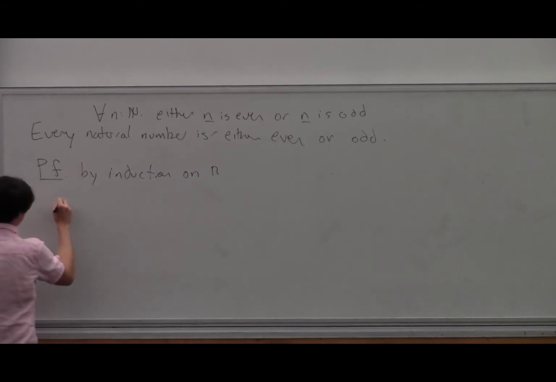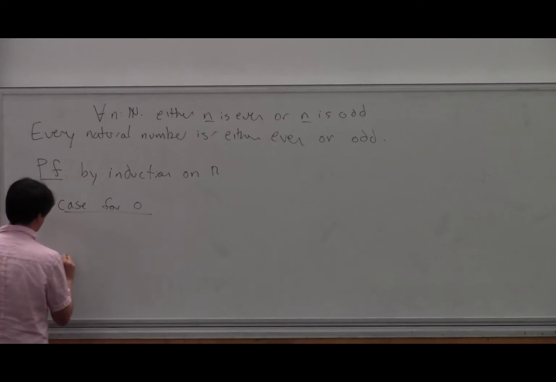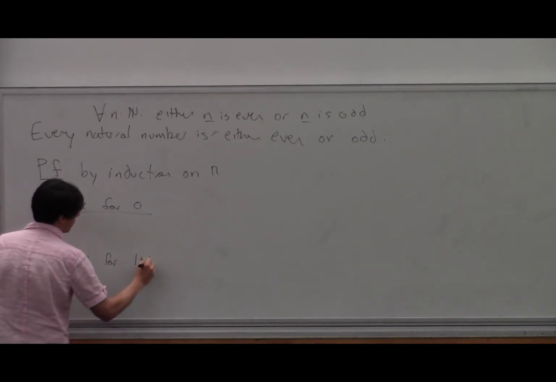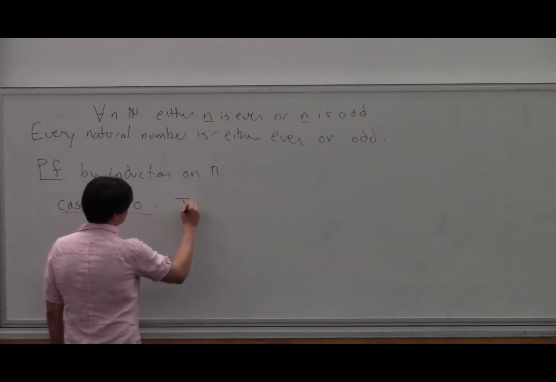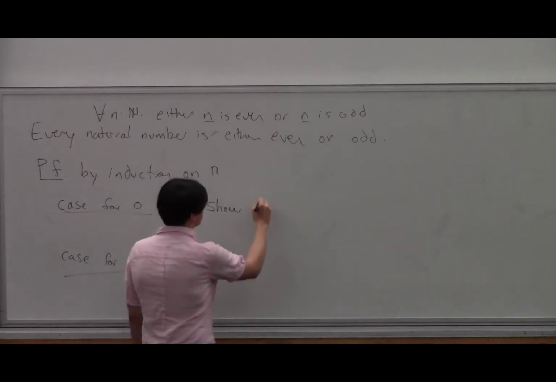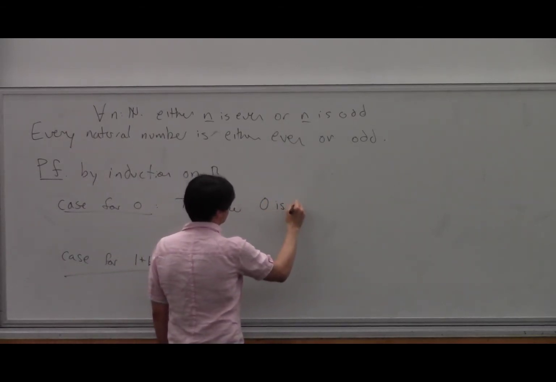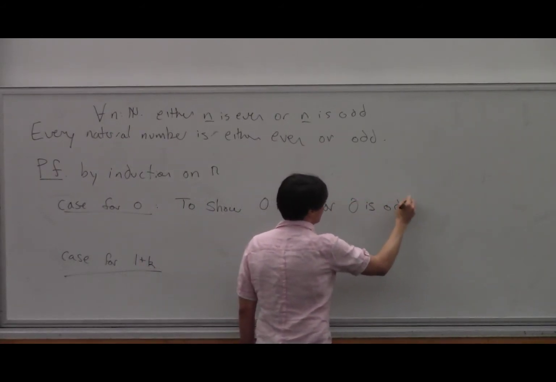And what do we do if we do an induction on n? We have a case for 0, and we have a case for 1 plus k. And in the case for 0, what do we need to show? 0 is even or 0 is odd.